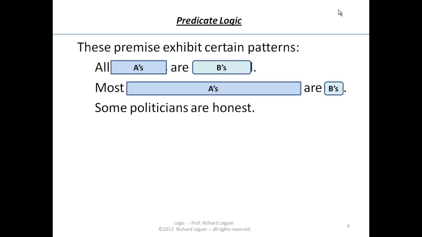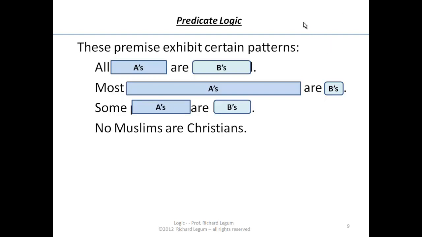Some A's are B's. No Muslims are Christians. No A's are B's.